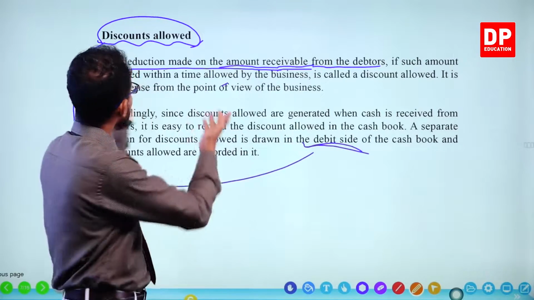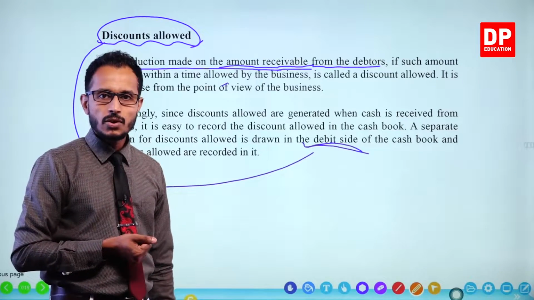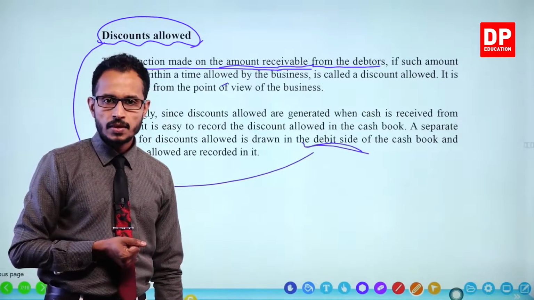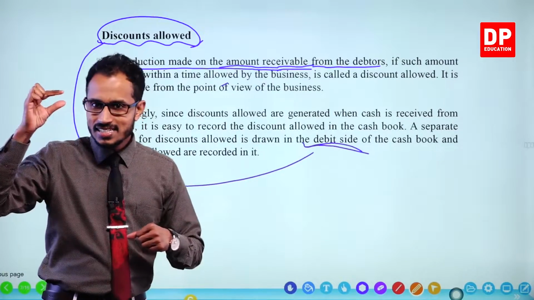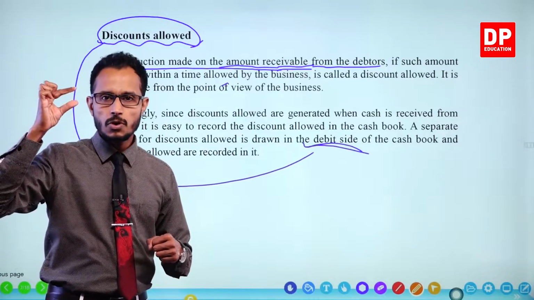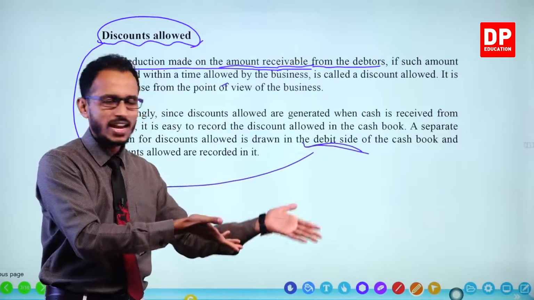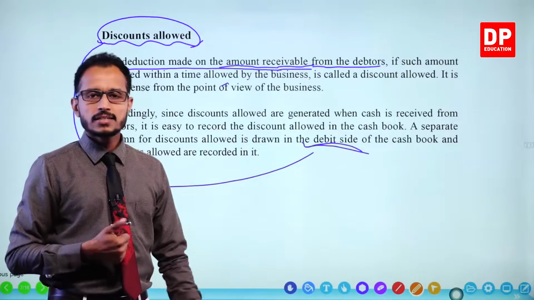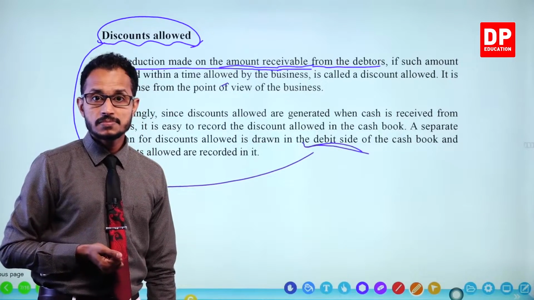That is the one we call discounts allowed. When we deduct a certain small amount from that value, the value that we are going to get will be less.